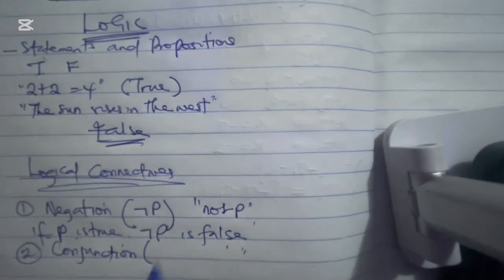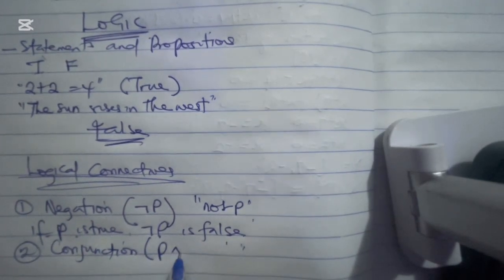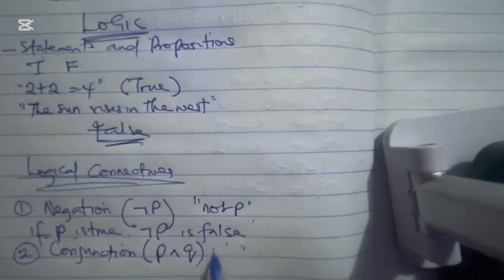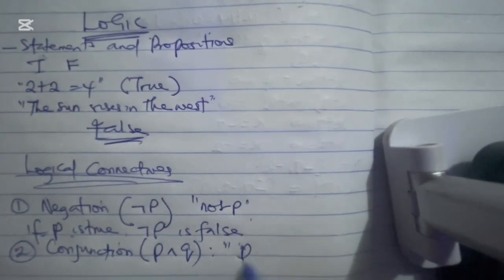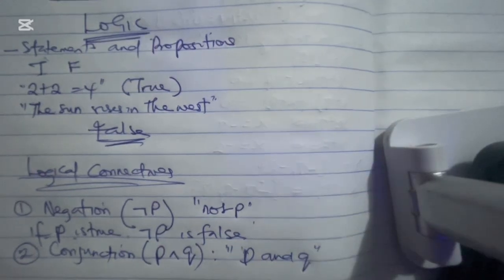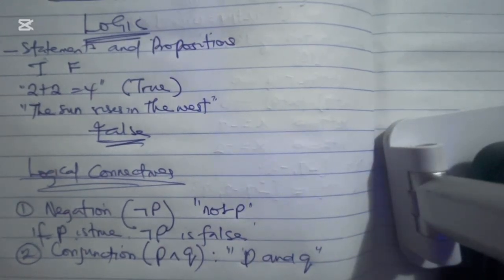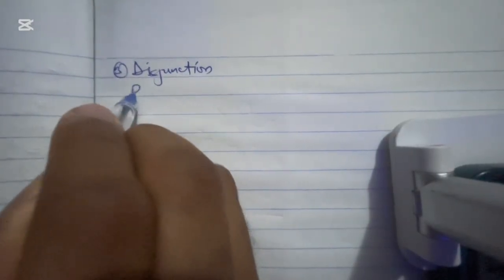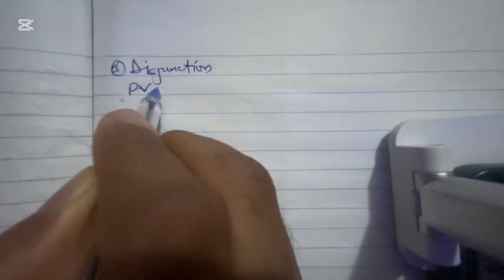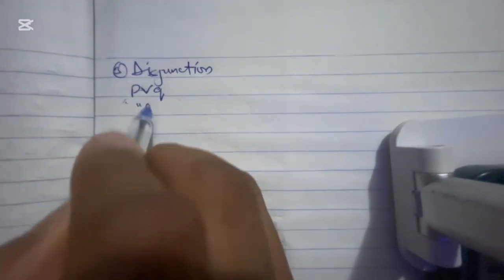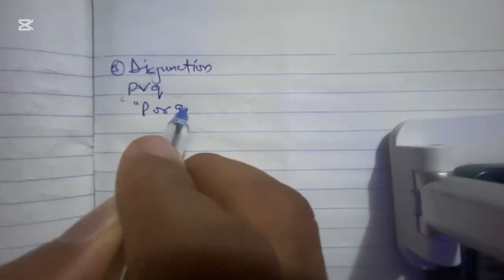Conjunction is denoted as P, then this sign, Q. This means P and Q. That's what this logical connective means. Then number 3, we have disjunction. Disjunction is denoted as P, more like the opposite of conjunction in this sign, then Q. What this means is P or Q.